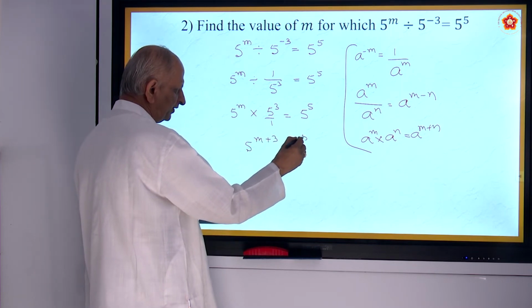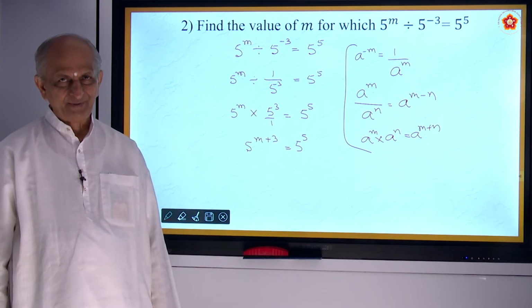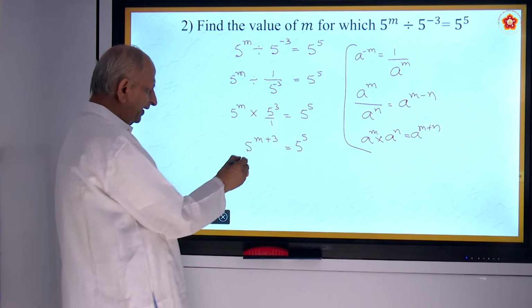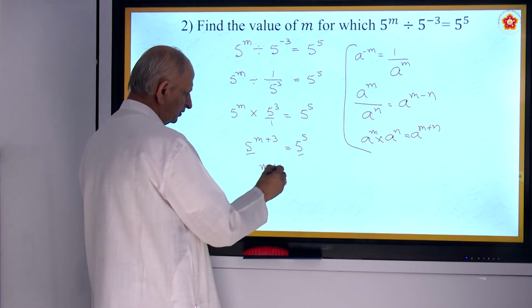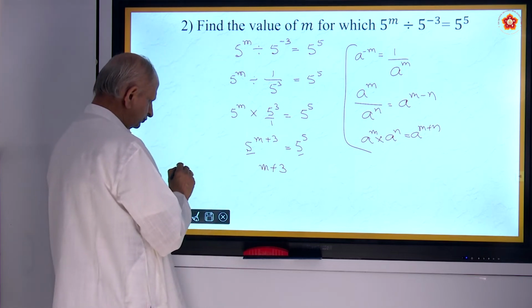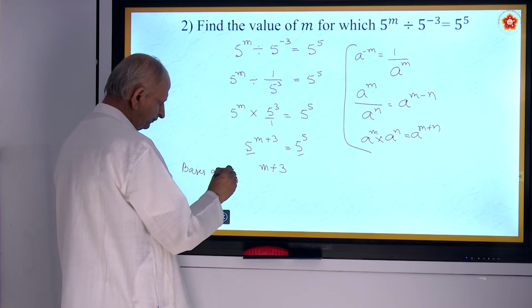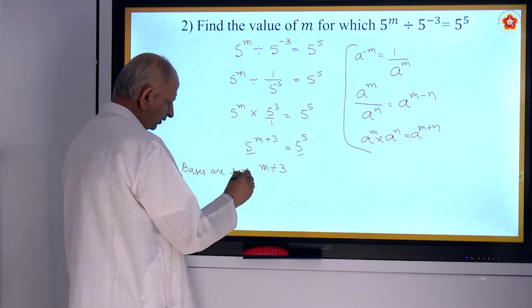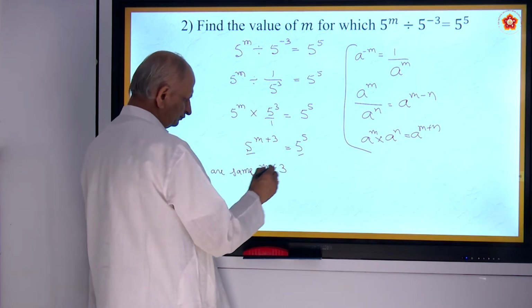Now bases are same. Powers must be same, correct? What is the base here? 5. What powers? So bases are same and therefore powers must be equal.